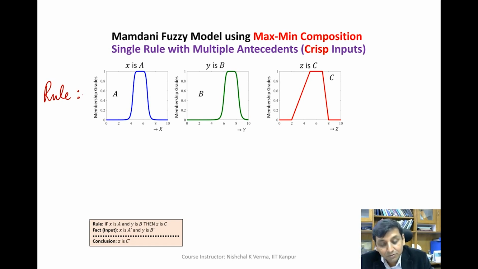Here we have two antecedents: the first antecedent and the second antecedent. And here we have the output.